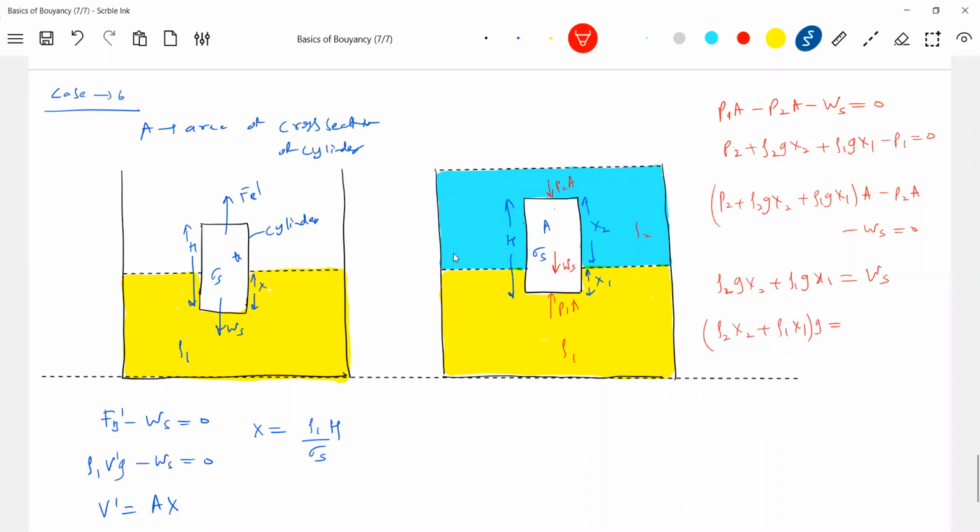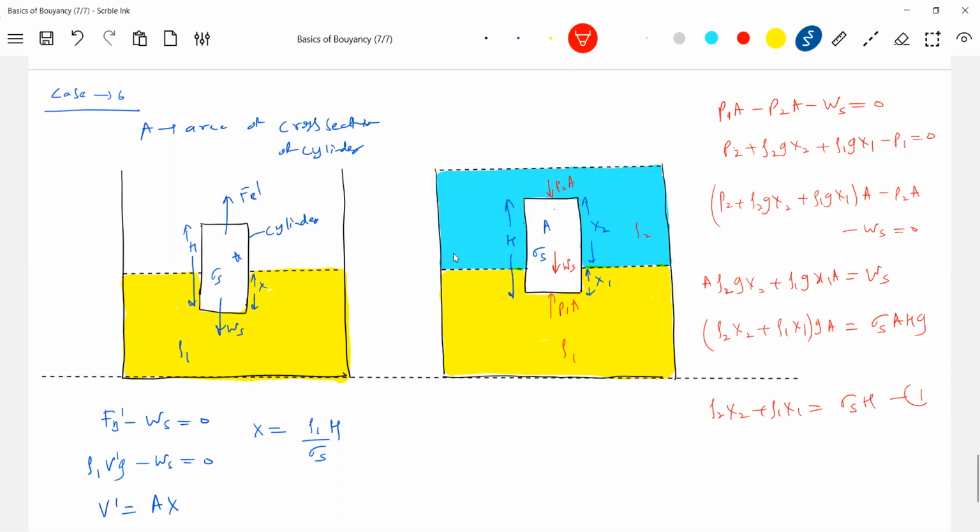Now what is the weight of the solid? The weight of the solid should be density rho s, with that A there, into H into G, the density of the solid A H into G. So GA gets eliminated, and we'll end up with the equation rho 1 x1 is equal to rho s h.